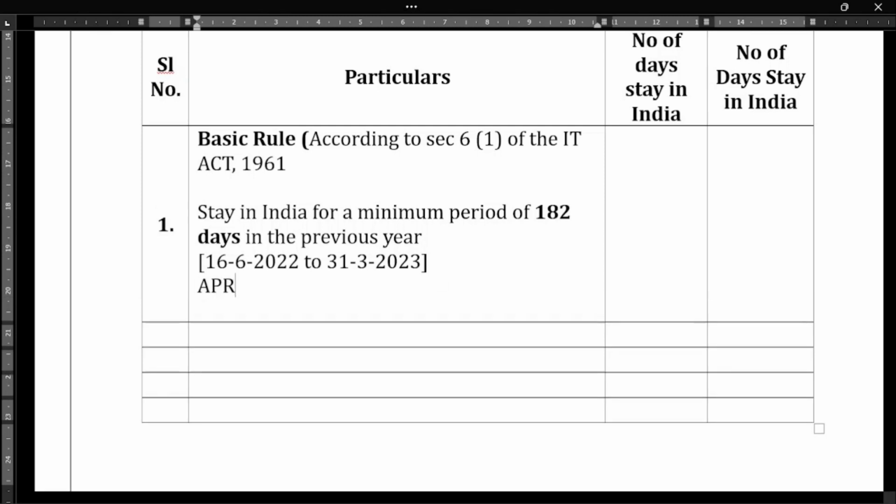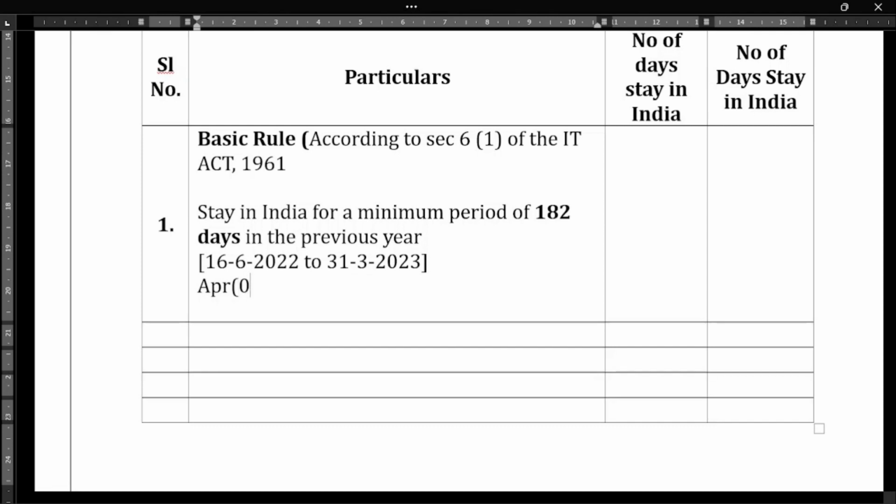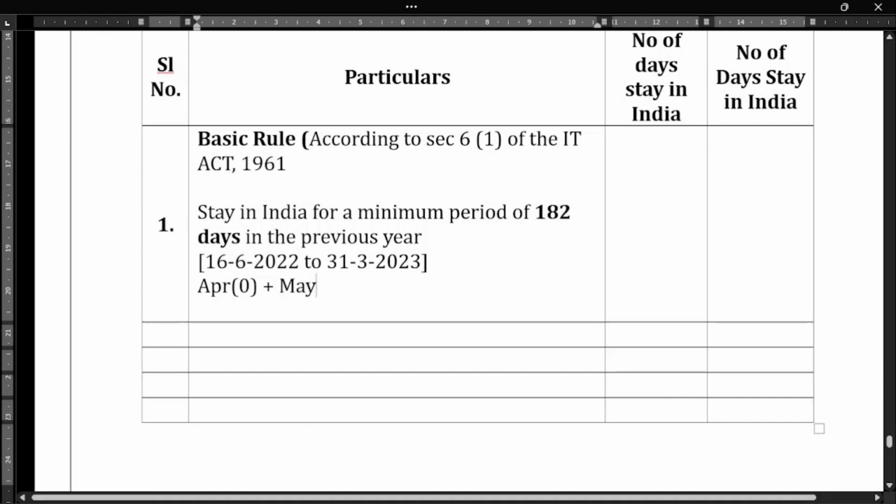In the month of April he was not there in India, so 0 because he came in June. May also 0.